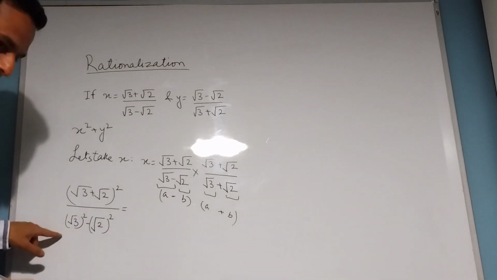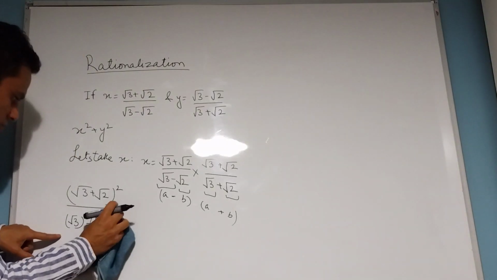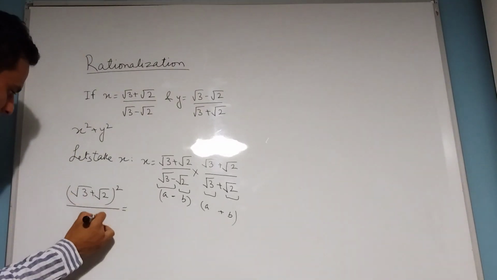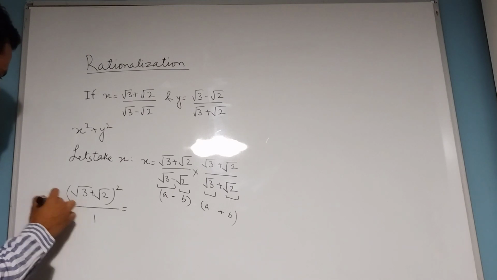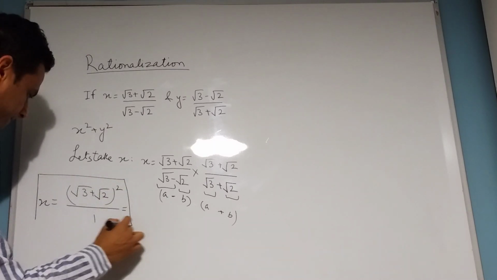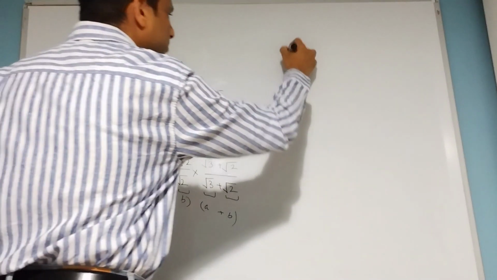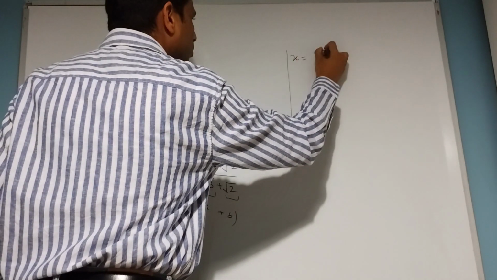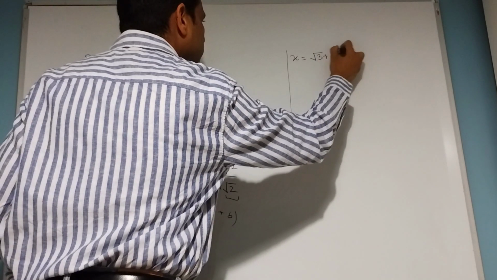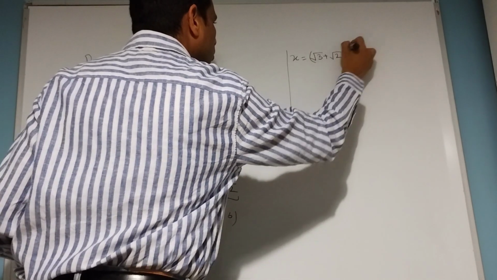So our denominator becomes 1. So x is root 3 plus root 2 whole squared. Let's write down x here: x is equal to root 3 plus root 2 whole squared.